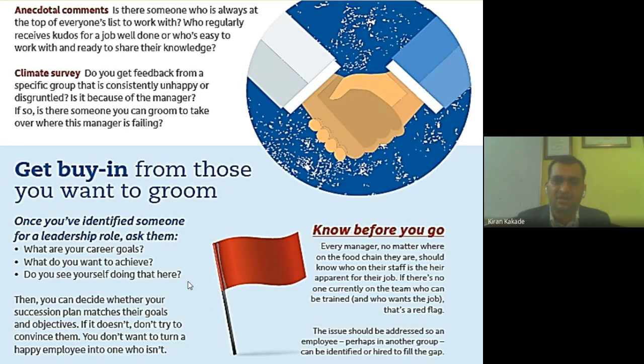If it does not, don't try to convince them. You don't want to turn a happy employee into one who is not. आपको एम्प्लॉय को हैप्पी नहीं करना. यहाँ पे कोई मोटिवेशन का चीज नहीं चल रहा है, यहाँ पे सक्सेशन प्लानिंग का चीज हो रहा है.